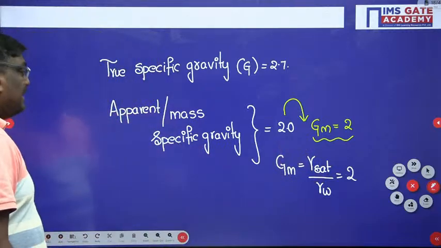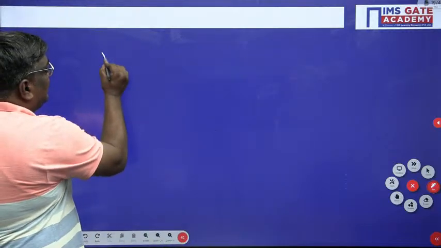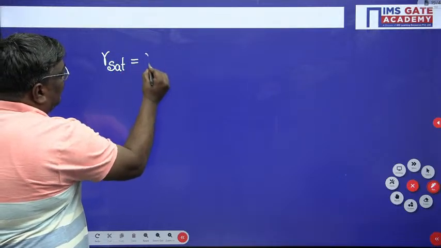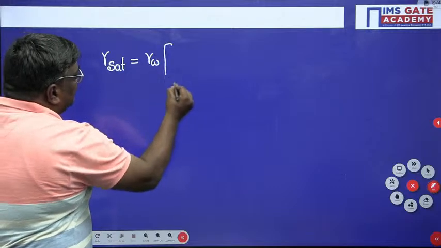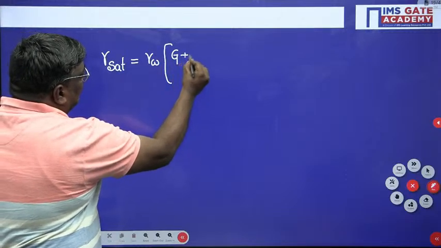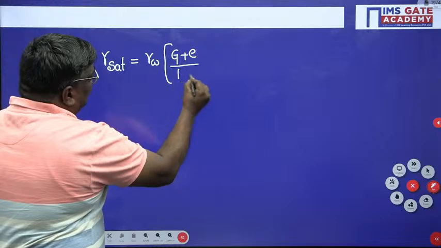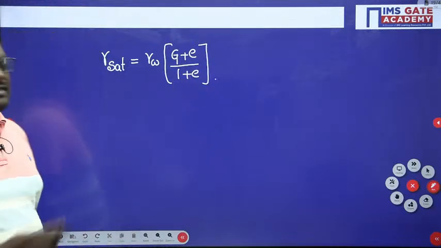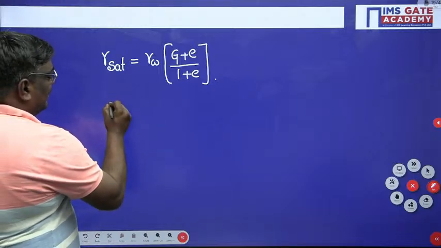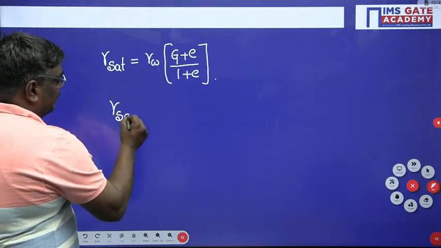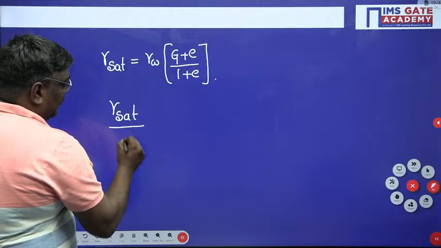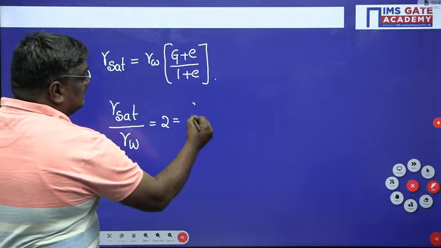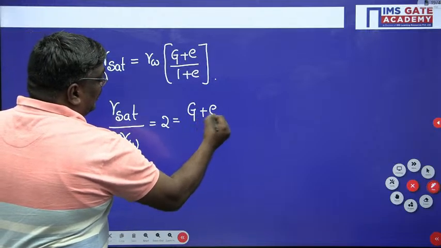Now gamma sat is given by the formula gamma W into (G plus E) upon (1 plus E). So gamma sat by gamma W is 2, equal to (G plus E) upon (1 plus E).